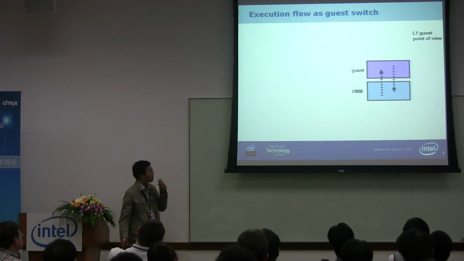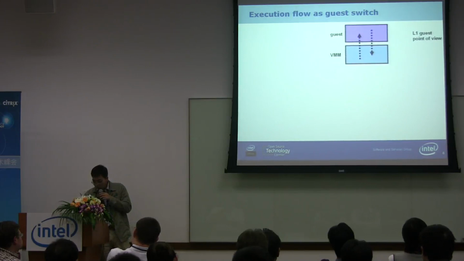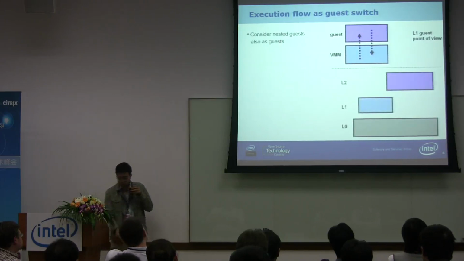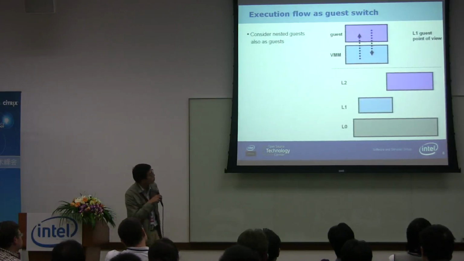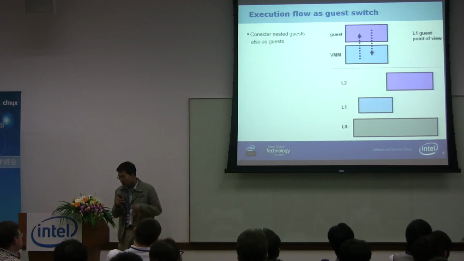This dotted black arrow is the VM entry and the VM exit. We can simply consider these nested guests as guests. These both are the guests of level 0, or the VMM.